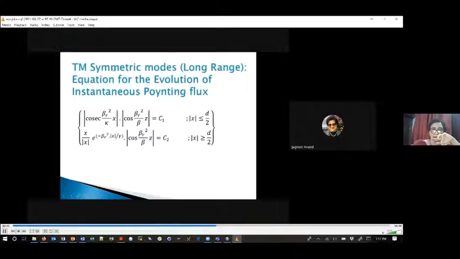These symmetric modes are known as long range because their propagation length is greater than the antisymmetric mode.